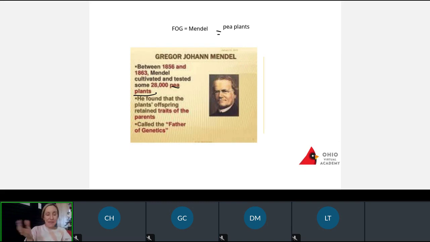He used a species that he could manipulate, which was a plant, and in his case, a pea plant. So yep, he's the FOG, not father of the bride, but father of genetics. He is responsible for starting this learning curve on everything that we know about DNA and how we inherit DNA.